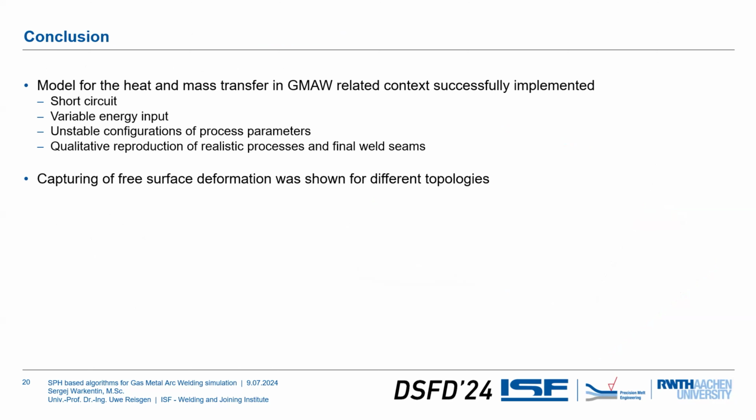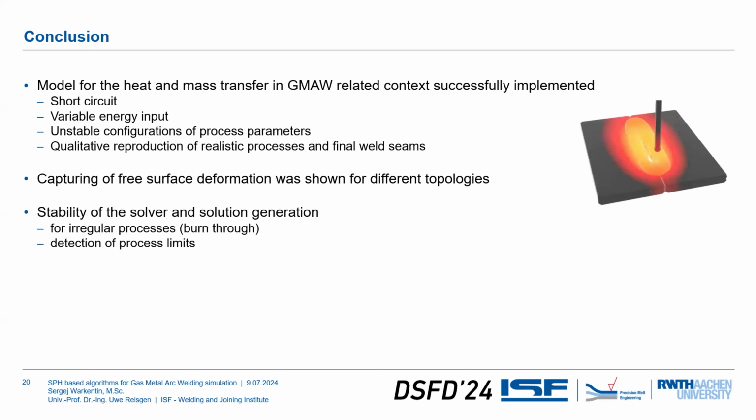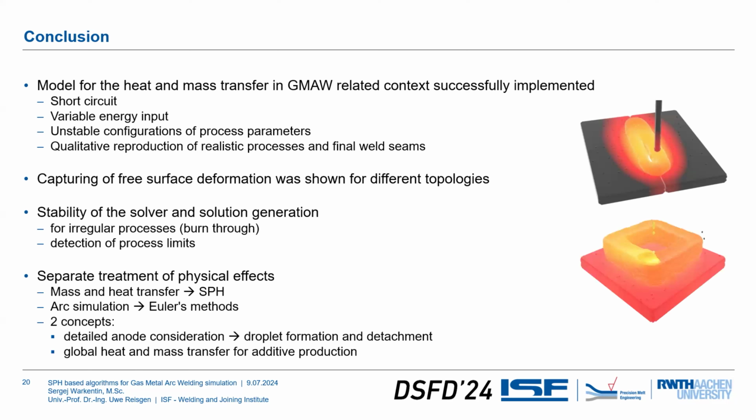We are also able to capture surface deformation for very different topologies, and the stability of the solver could be an option to detect process limits, because detecting them experimentally is expensive, and here we can show that with these parameters the process will not work.